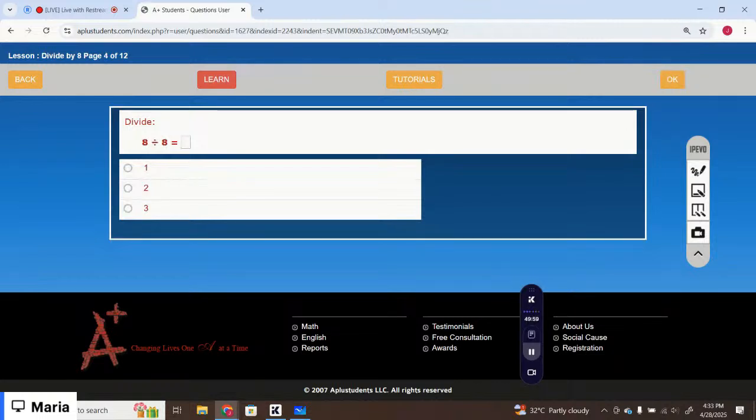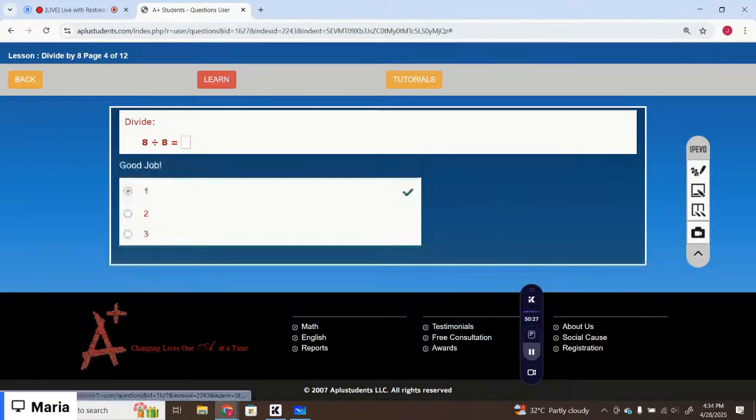8 divided by 8. 8 divided by 8 is 1. Option number 1 is the correct option.